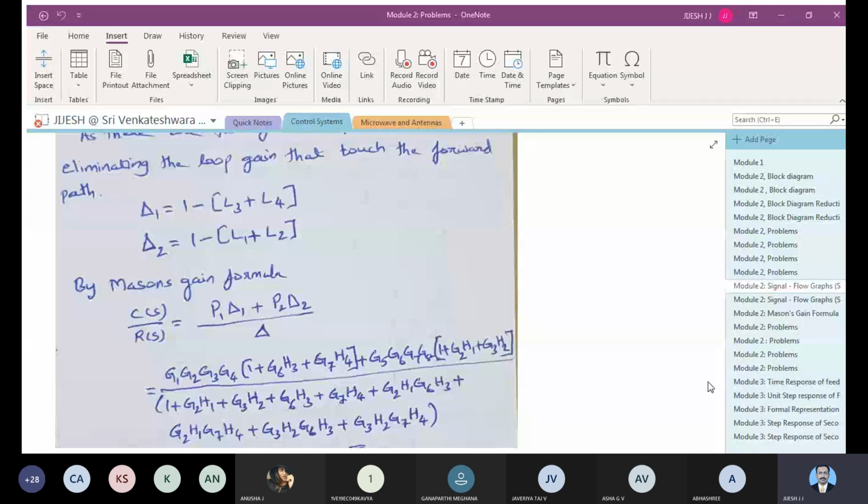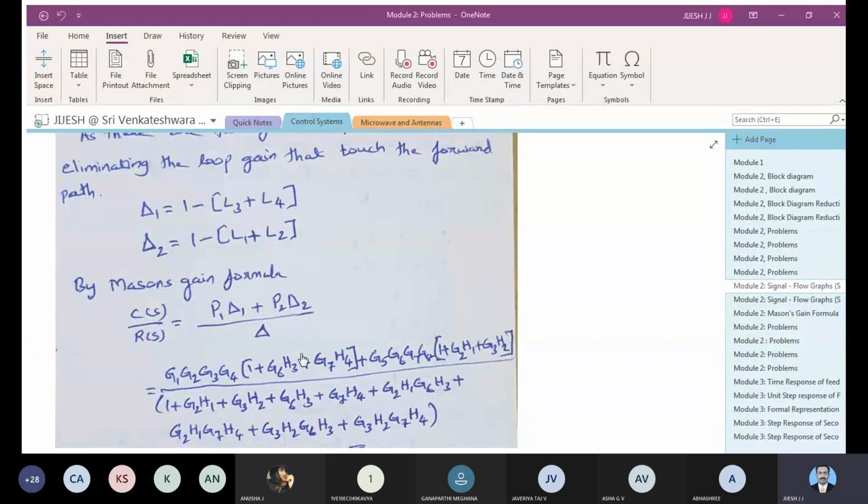Then we have the forward path. Forward path, quite a lot we have seen. If you start from this point, the main important rule you have to keep in your mind is, once you leave a node, you are not supposed to go back to that node again.